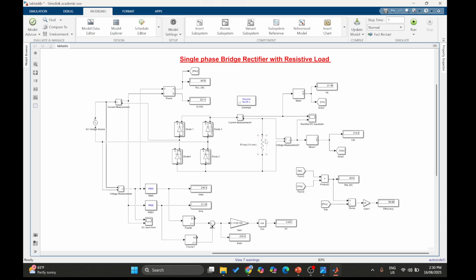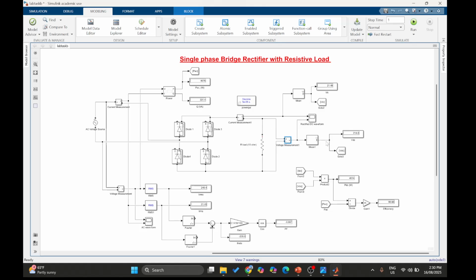And again I have one more voltage measurement block that will measure the load voltage, VDC, and it goes first to the mean block and we are getting VDC. This IDC and VDC are given to another scope to see how the rectified DC waveform looks.